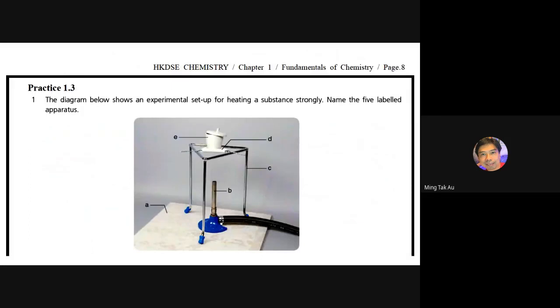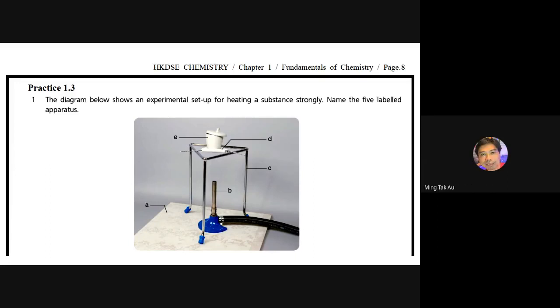Now I want to check the answer with you. Open your mic if I ask you to answer the question. Class number 1, Cecilia, what is A? Fireproof mat. Right. B, class number 2, Koyi.